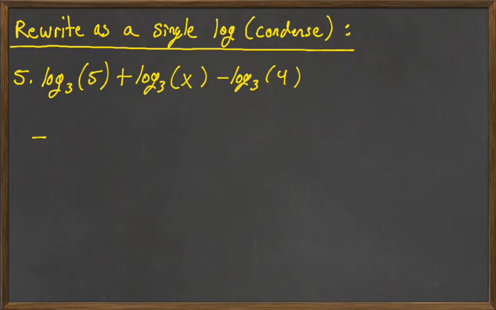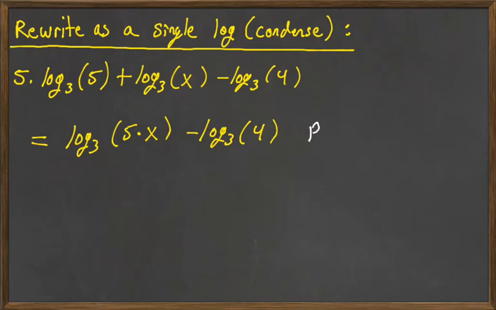Okay, and we'll go ahead and do the first two together. Log base 3 of 5 plus log base 3 of x. That's going to be the product rule. So it becomes log base 3 of 5 times x, and then minus log base 3 of 4. Okay, so that was using our product rule.